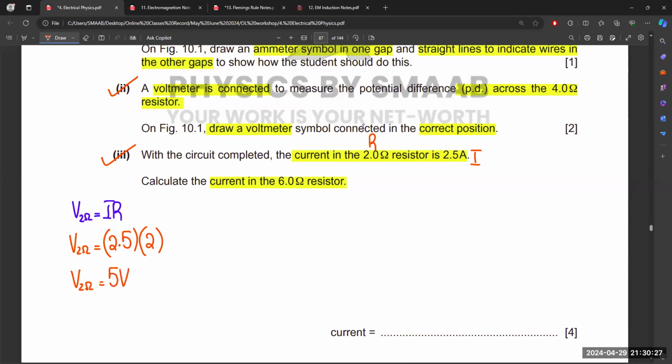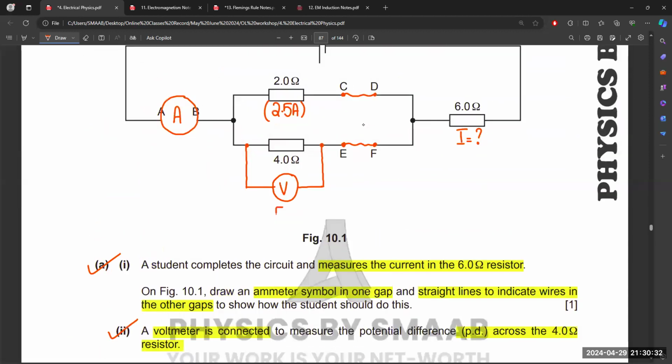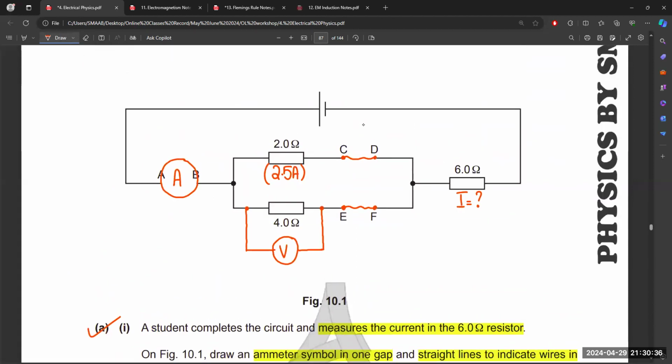So 5 volt is the value of the potential difference across this 2 ohm resistor.